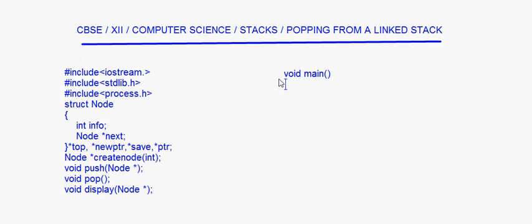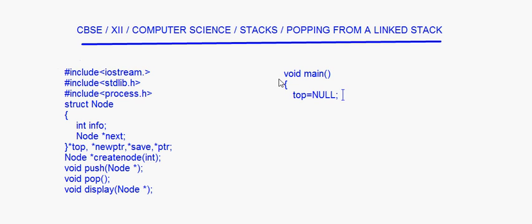Okay, now let's come to the main method. Void main, top is equal to null. Always top should be initialized to null, because in the beginning the link stack is empty. It will always be equal to null, right?